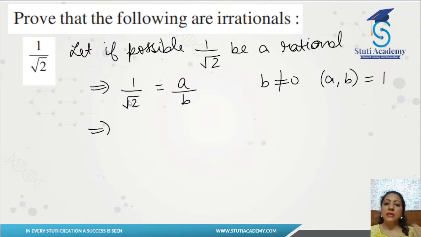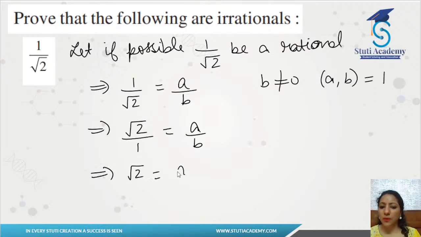Now, root 2 is here in the denominator. We are going to take the reciprocal of both left and the right hand sides. So, if I reciprocate both of them, I'll get root 2 upon 1 is equal to a upon b. I can just write it as root 2 is equal to a upon b also. It's the same thing. Now, root 2 is in the form of a upon b.